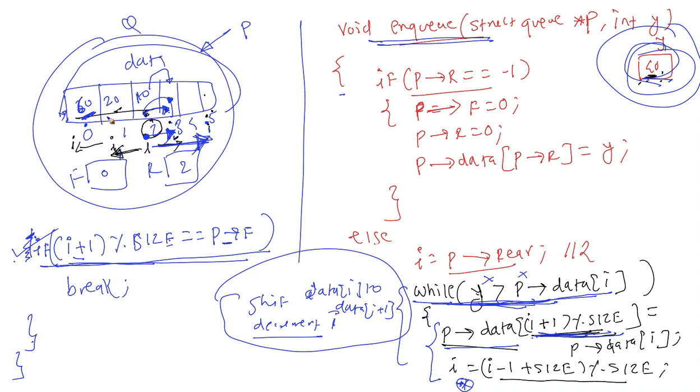Because we want to shift these elements this way. That's why I is decremented, and the value on the ith location is shifted to I plus 1 in circular fashion. So I hope you understood this.